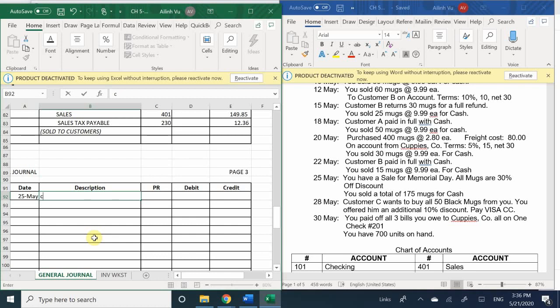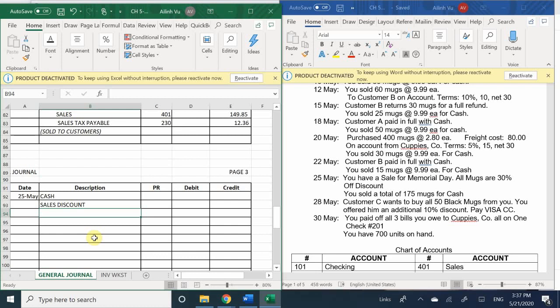Number 1. Okay. And yes, we received a sales discount. Okay, good. What else do we also recognize? We're not dealing with accounts receivable.